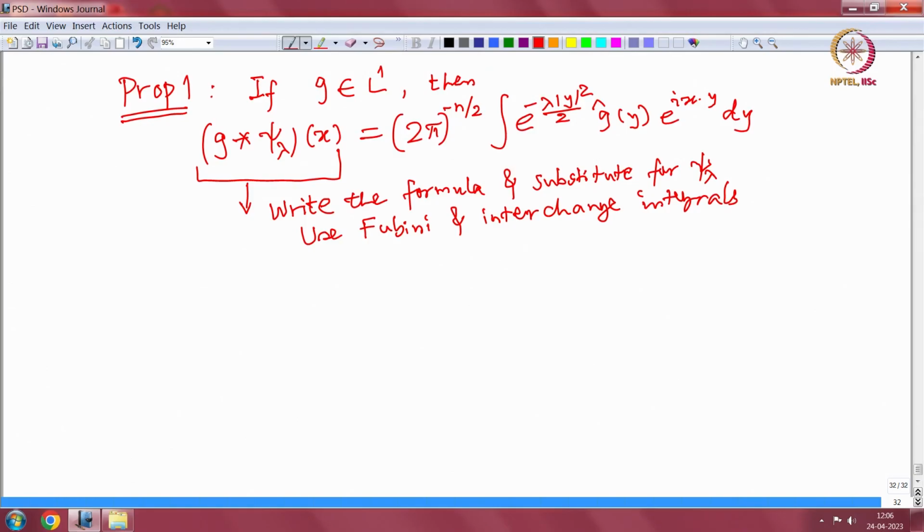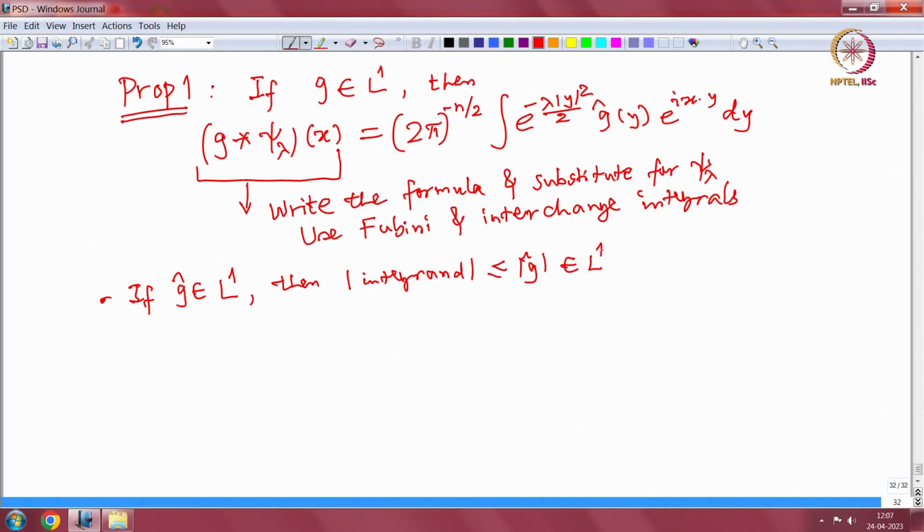So essentially we want to take the limit of this convolution as lambda tends to 0, and we observe two possibilities. Okay. So if g hat is in L1, then the absolute value of the integrand is less than or equal to mod g hat, and that is in L1.